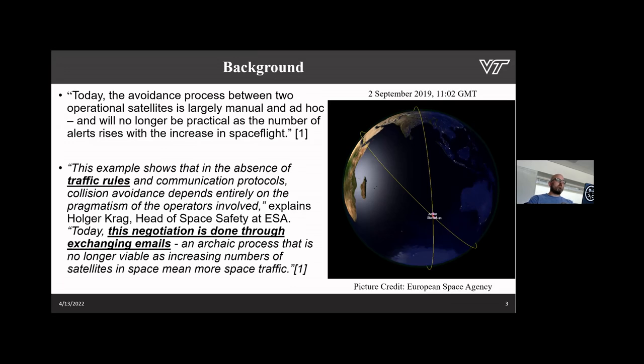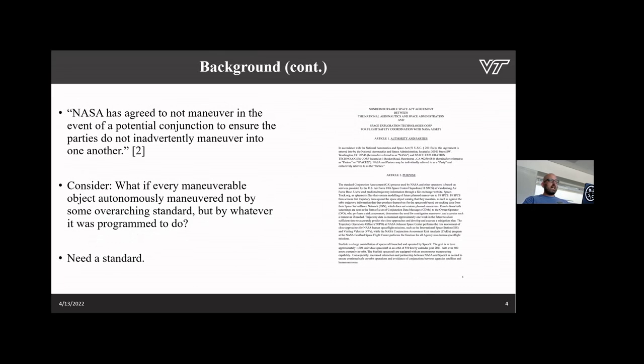And so my whole goal is to try to come up with, if it's possible, a way to designate right of way in orbit. This is another example. The current state is that different organizations will make their own agreements.